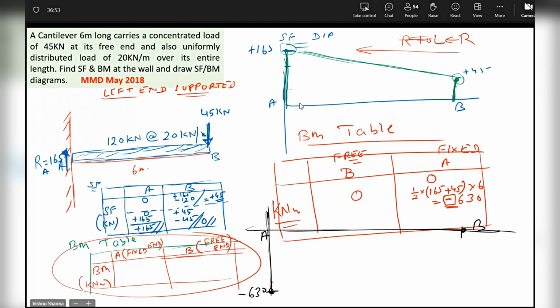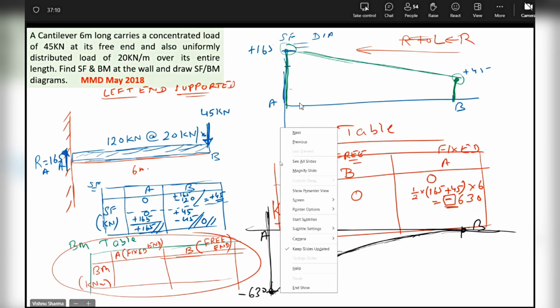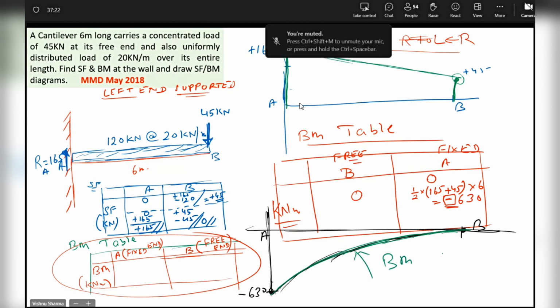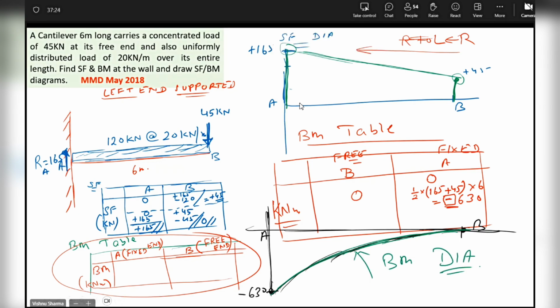It's a trapezium from smaller side to the bigger side, so basically it will be like a triangle from vertex to base. This will be the BM diagram for this particular question. Let me change it to green color, so that it's clear and different from the axis. This is the BM diagram, guys. Please review it, and if you have any clarifications to seek on this particular case, let me know.